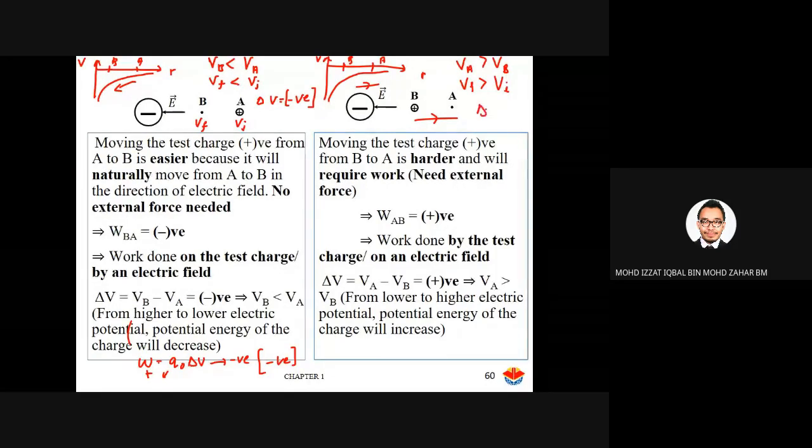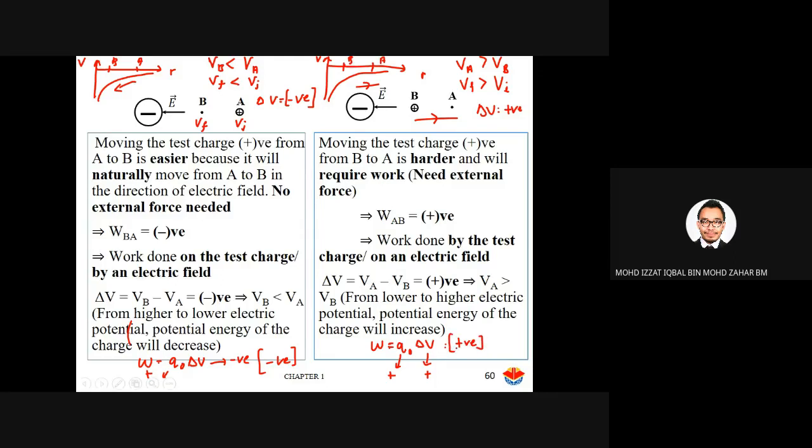So my delta V is positive. Final tolak initial kan? Positive. So my work done is positive as well. So this one is positive. This one is positive. So my work done is positive work done.